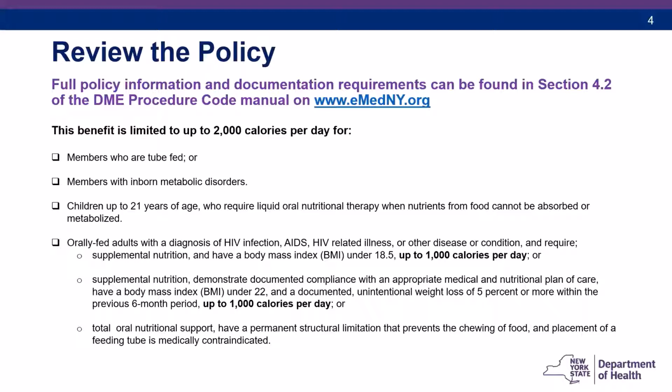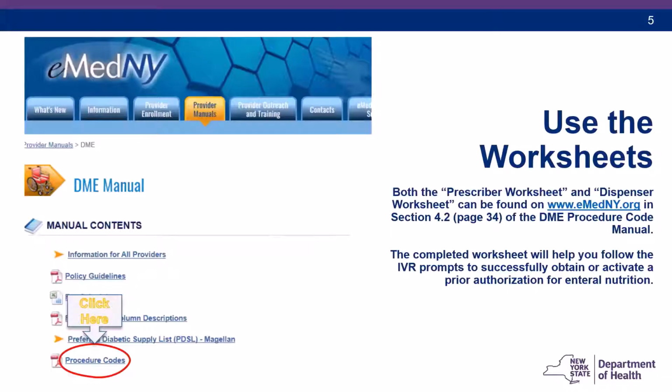Orally fed adults with a diagnosis of HIV infection, AIDS, HIV-related illness, or other disease or condition and require supplemental nutrition and have a BMI under 18.5 are allowed up to 1,000 calories per day, or require supplemental nutrition, demonstrate documented compliance with an appropriate medical and nutritional plan of care, have a BMI under 22, and a documented unintentional weight loss of 5% or more within the previous 6-month period are allowed up to 1,000 calories per day, or require total oral nutritional support, have a permanent structural limitation that prevents the chewing of food, and a placement of a feeding tube is medically contraindicated.